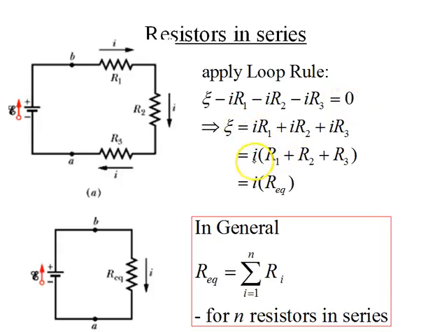We pull out the common current, and we can then say our EMF is equal to our I times this REQ, where our REQ is R1 plus R2 plus R3 in this scenario, or in general, it's the sum of all the resistors in series. It's very similar to capacitors in parallel. So resistors combine in series like capacitors combine in parallel.